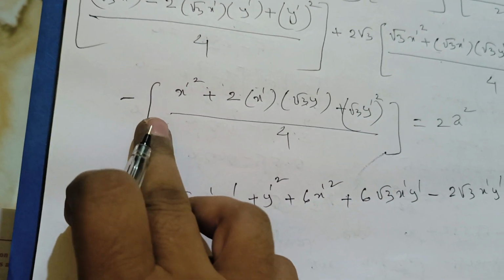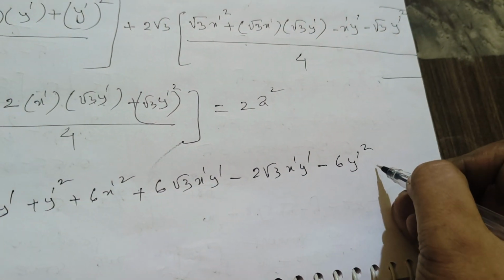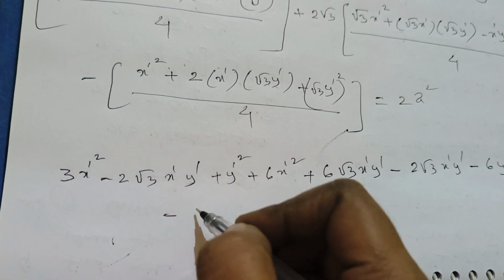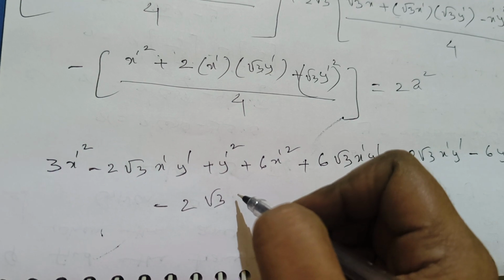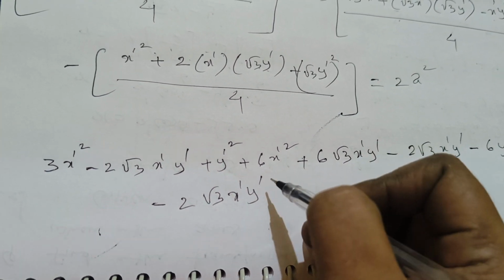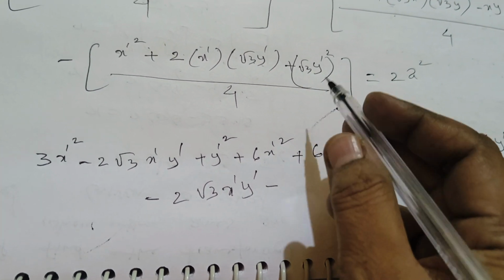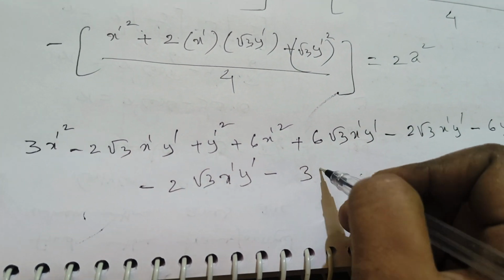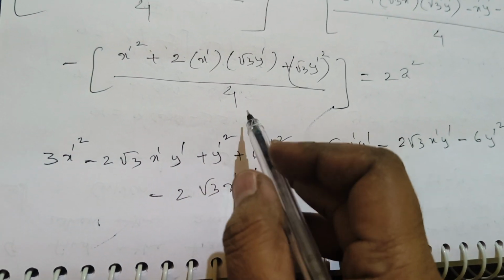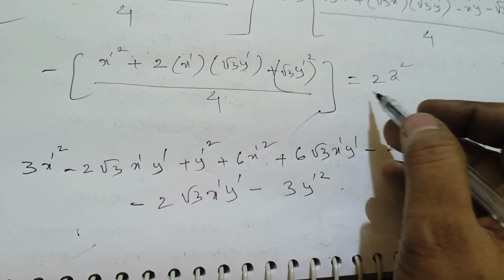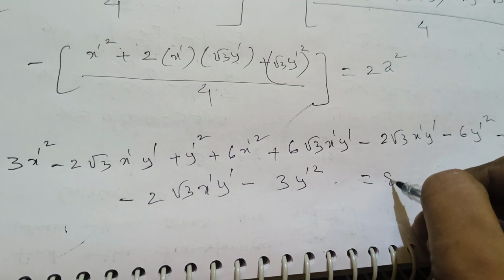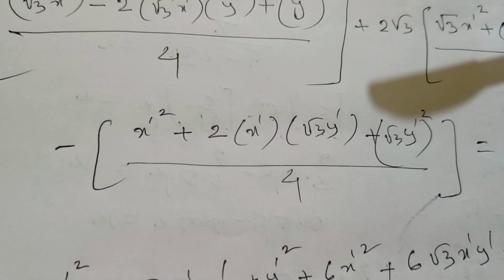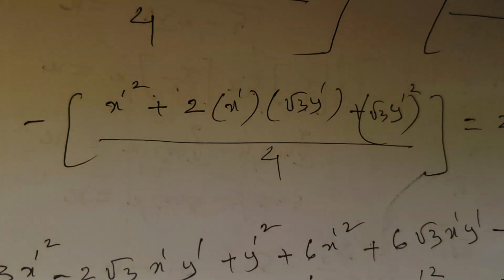The next term we open with a negative sign: minus x dash square minus 2 root 3 x dash y dash minus 3 y dash square, where root 3 and square get cancelled, whole divided by 4. Cross multiplying we get it is equal to 8a square. Now we have to simplify these values.